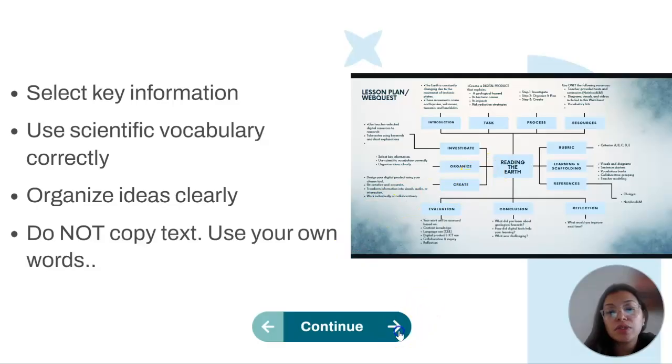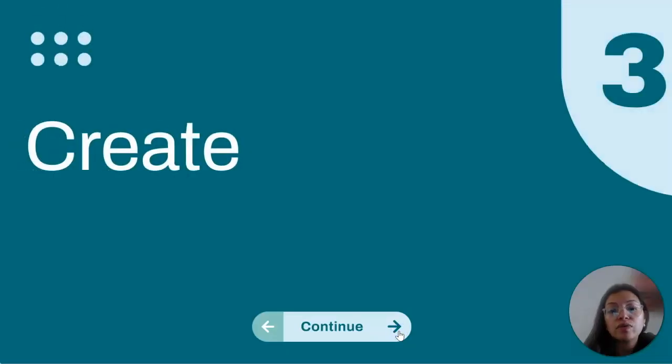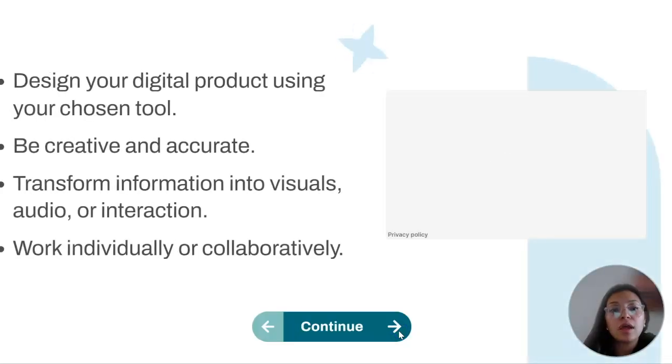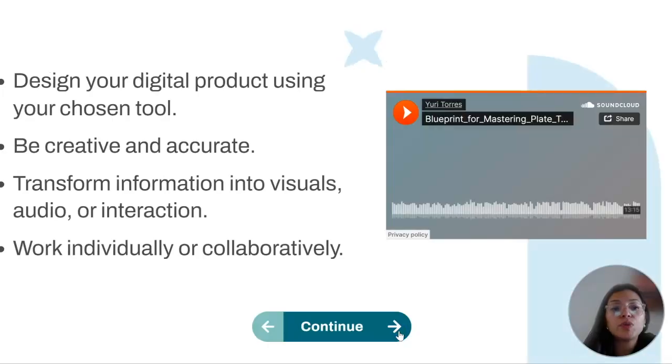Session 3 is the creation. They have to design the digital product using the tool that they prefer. They can use Canva or any of the tools that I provide for them, like Genially.